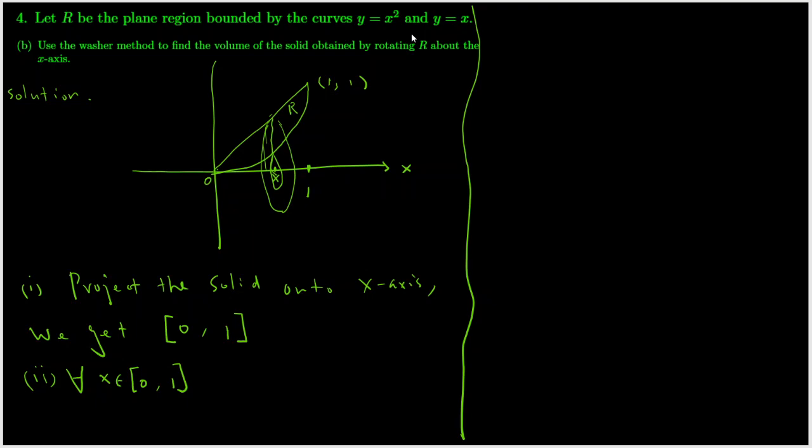Actually, it's in between two circles. Still, I'm going to remove the 3D stuff. You imagine you rotate the line segment around x-axis. I will tell you the term. It's a washer.